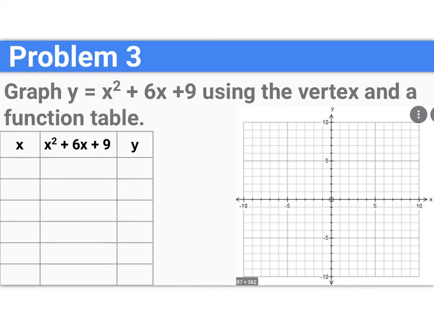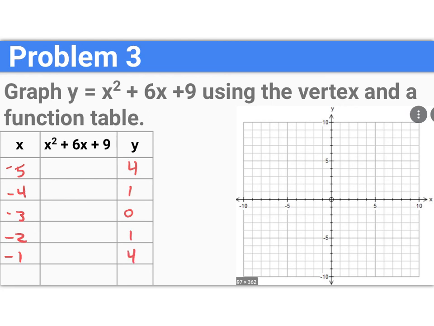And for our final problem, I have 6 points I can use. I'll use -5, -4, -3, -2, -1. Okay, so we got 0, 1, 4, and 1 and 4.